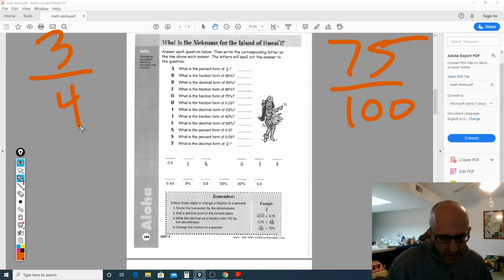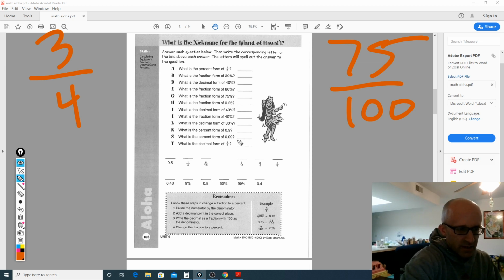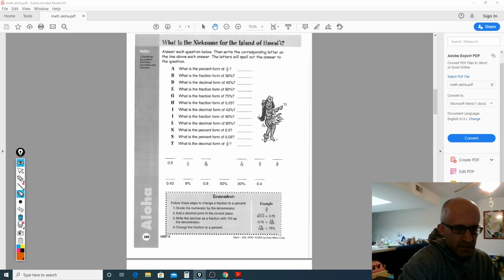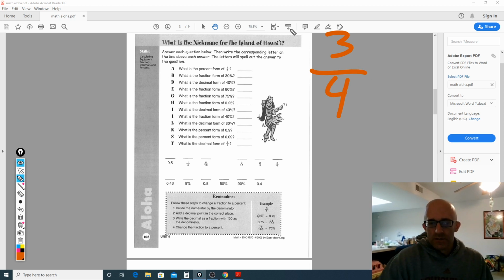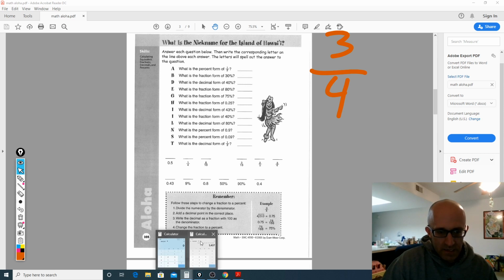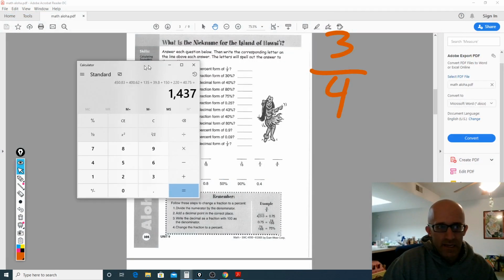I think that covered all the parts of this specific page here. Fraction to a percent. I'll try to do this rather quickly and let you guys roll. So fraction to a percent, 3 over 4. This is where, at least in my instance, I grab our nice handy dandy calculator.